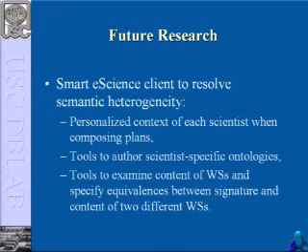As far as our future research is concerned, we are trying to focus on semantic heterogeneity and the use of smart e-science clients to resolve them. In particular, one thing we are noticing is that our neuroscientists can look at web services and say, the signature of this web service, which claims that the second input is a molecule, it's not really a molecule, or it's not the molecule that I am interested in.